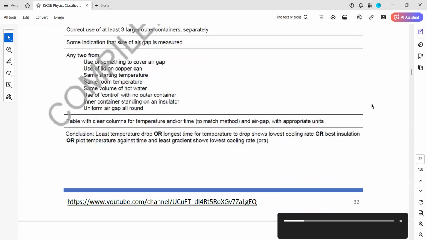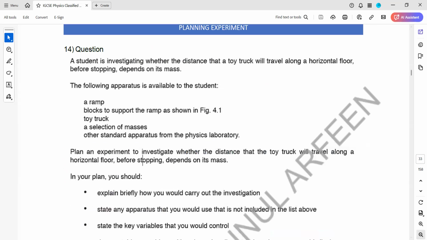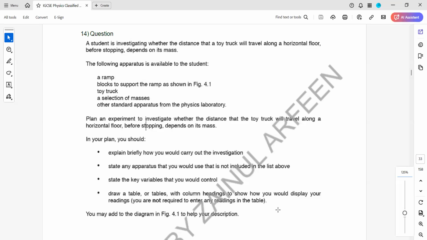This type of question we did. Okay, question 14, planning experiment.